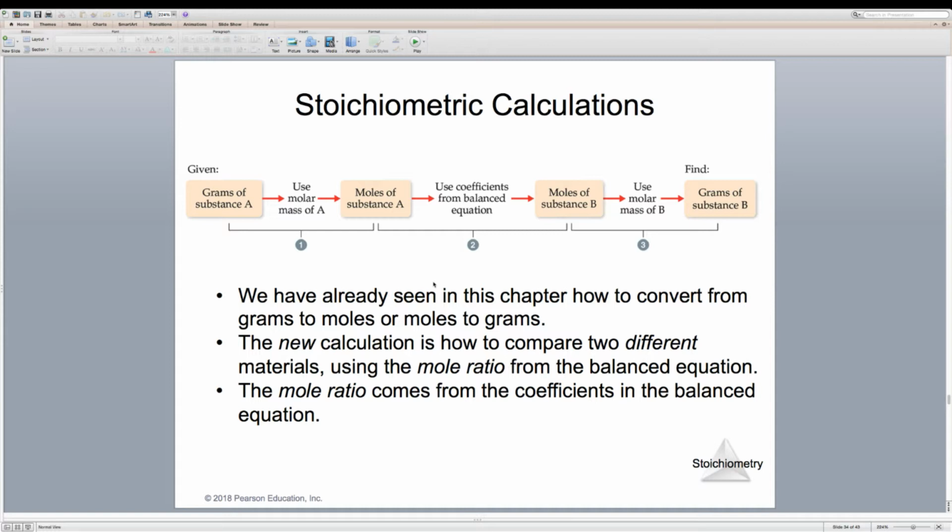It can be either. You can then use the molar mass of that substance to find out the number of moles. You can then use the coefficients from the balanced chemical equation to convert into moles of another substance, and then, utilizing the molar mass of that substance, you can find out how many grams should be produced in theory, right?